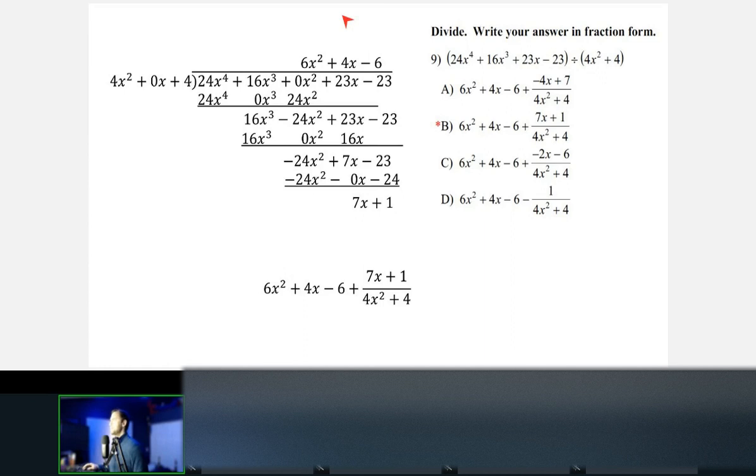All right, so for number 9, we can't do synthetic division. But when you set this up, don't forget your placeholders. This goes 4, 3. We're missing the 2, 1, and then constant. So we have to have a placeholder here.